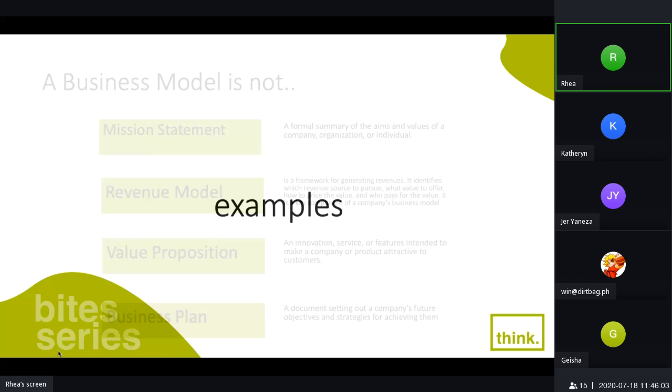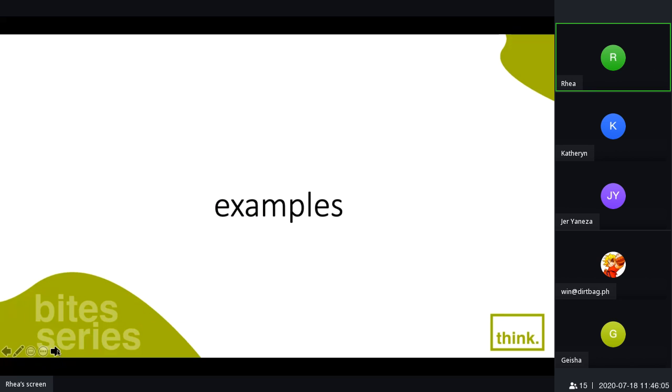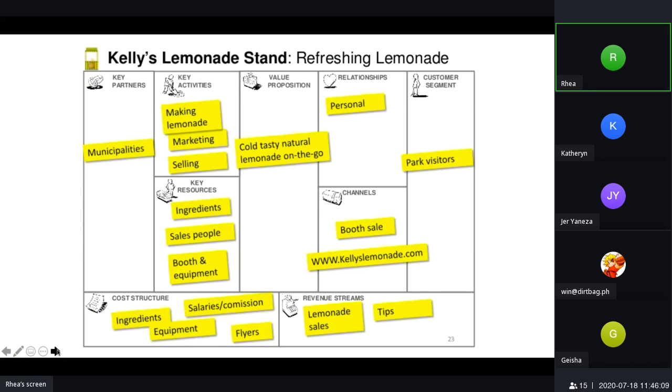Okay? So here are some examples that would really help you draw out your business model canvas. This is very simple, but it hits all the items in our business model canvas. Let's say you're selling lemonade. Every child, I think, experienced selling something.